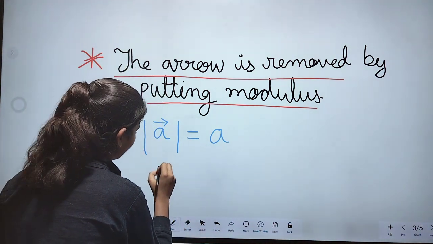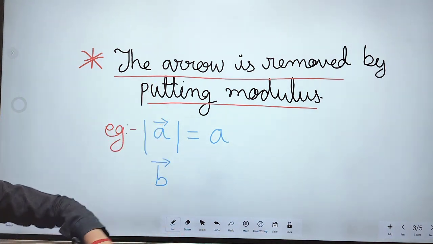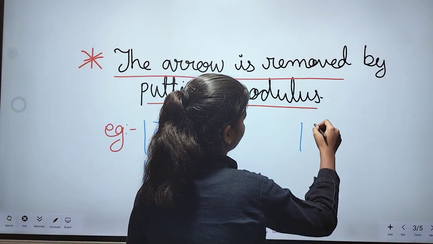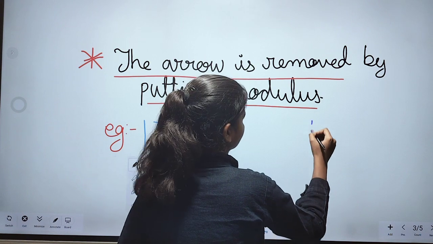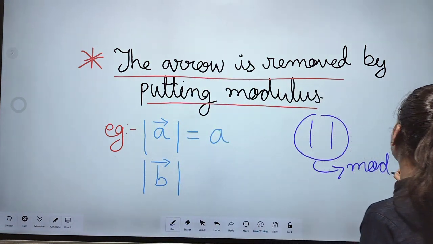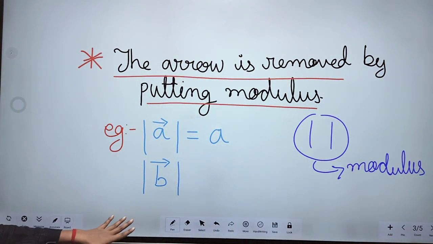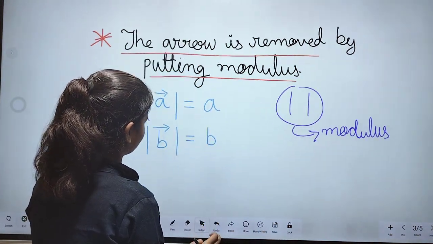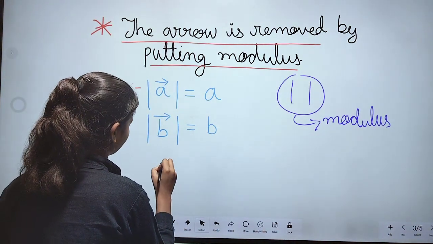One more example. This one is B vector, and if we put modulus, this one is called modulus. So if we put modulus on B vector, the arrow is removed. One more example.